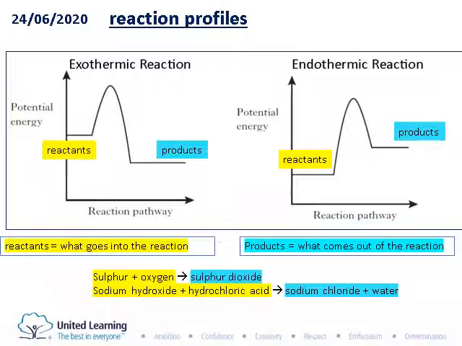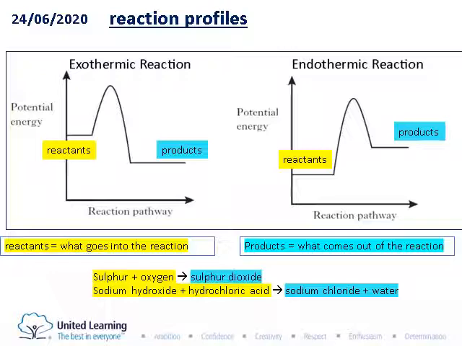So this is where it gets a little bit more difficult, because once you understand the definitions for each one, and you understand that an exothermic reaction gives out energy to the surroundings, and an endothermic reaction is opposite, it takes in thermal energy from the surroundings, you can show that using something called a reaction profile, which looks like this.